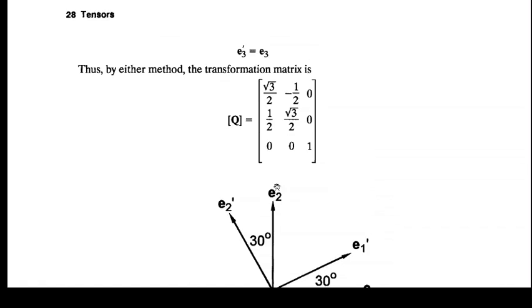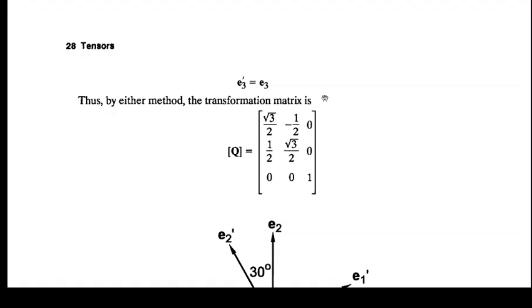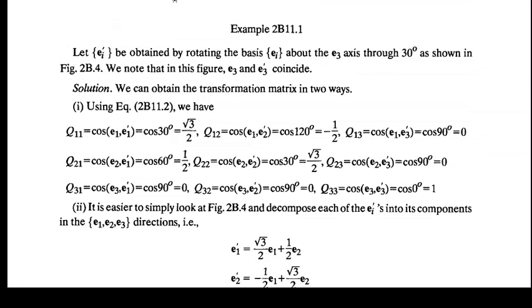You can see that example. And E3 dash will be equal to E3. Why? Because we have rotation about the x3 axis, the axis about which we are rotating the system and getting the second system, and that will remain fixed. So this is the transformation matrix between these two sets of basis vectors when we are rotating Ei by 30 degrees about the x3 axis.